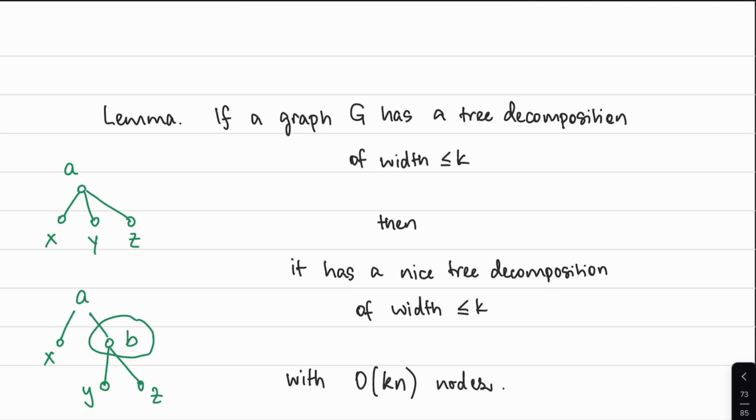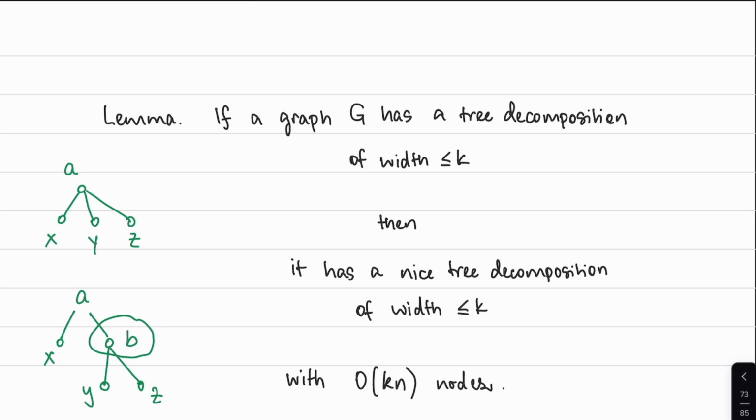And then we are going to apply these manipulations to turn it into a nice tree decomposition. And if you're careful and you keep track of how many new vertices you're introducing, you should be able to argue a bound on the overall size of the newly produced nice tree decomposition.